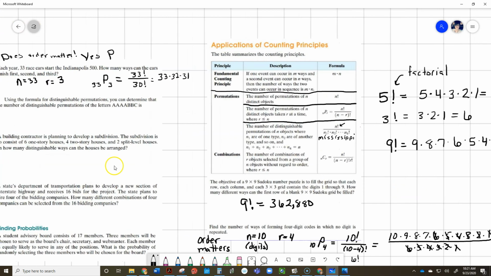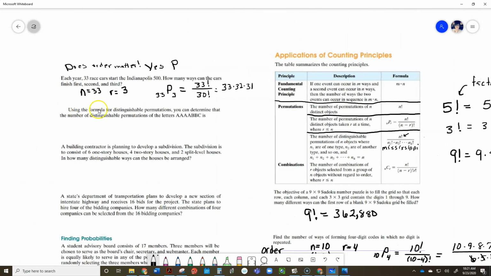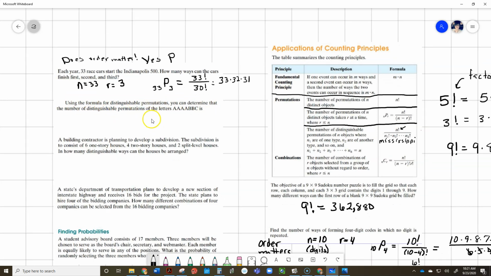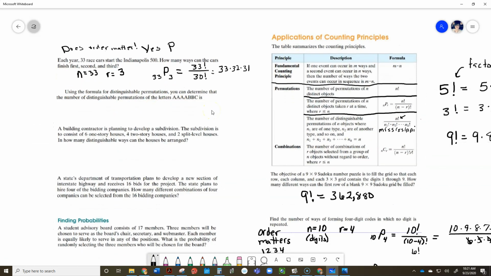All right, so I'm going to go back over here now, and it says use the formula for distinguishable permutations to determine the number of distinguishable permutations for these letters. Okay, so first thing we do is give me a total count. 1, 2, 3, 4, 5, 6, 7. So N is 7.